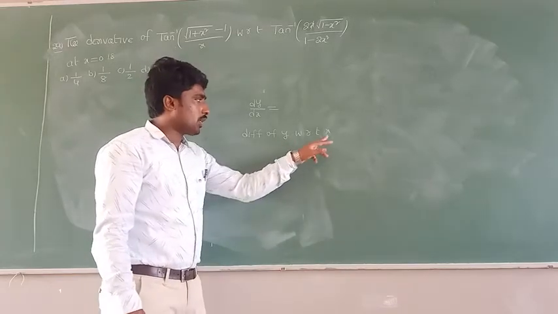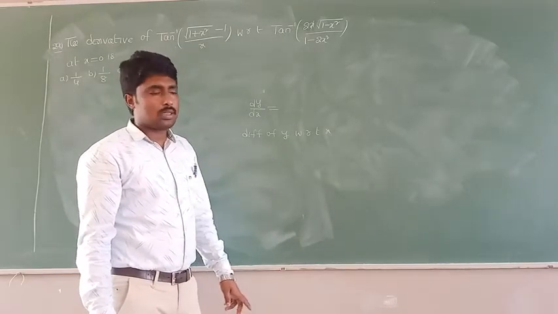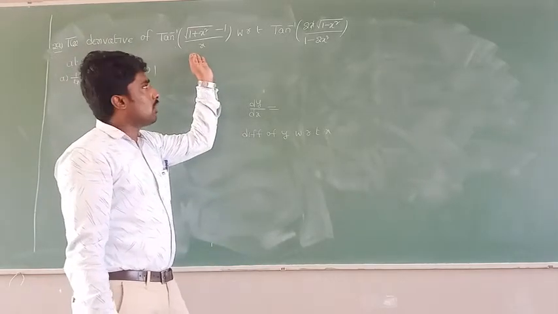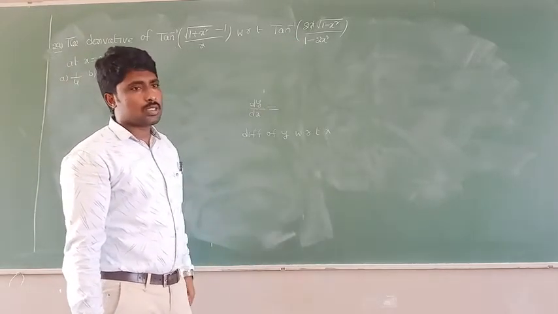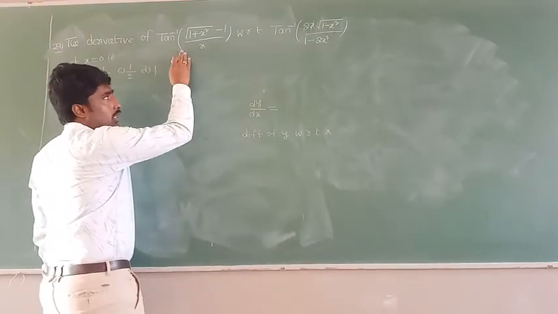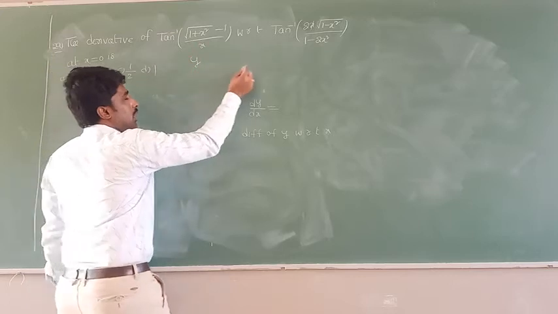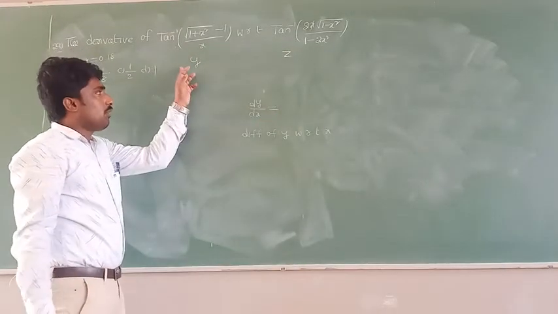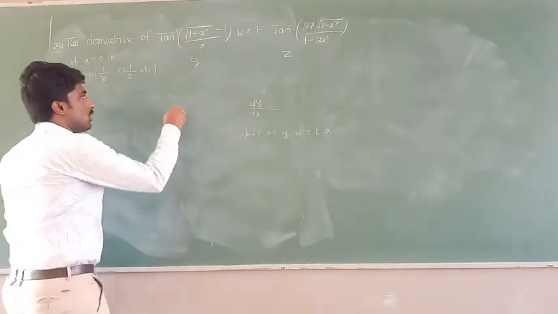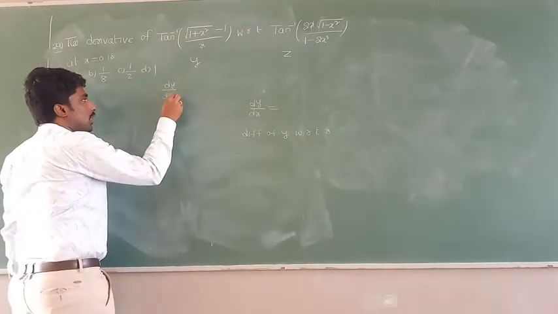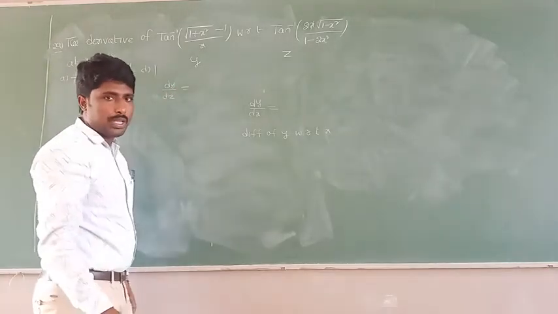This is one function, this is another function. These are simple functions. But you see here, differentiation of this function with respect to this function. So just for your understanding, this one I will take as y and this one I will take as z. Differentiation of y with respect to z means dy by dz you need to find out. Is it clear, everybody?